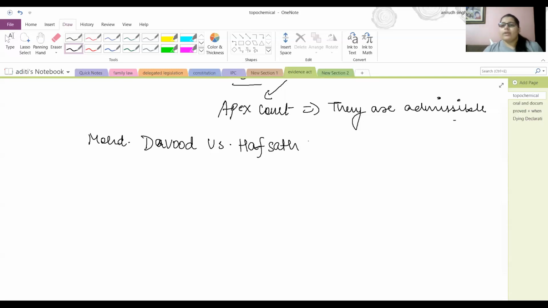How will you prove those things? Obviously you may not have any document, and even if you have a document, that is not sufficient enough to prove this.